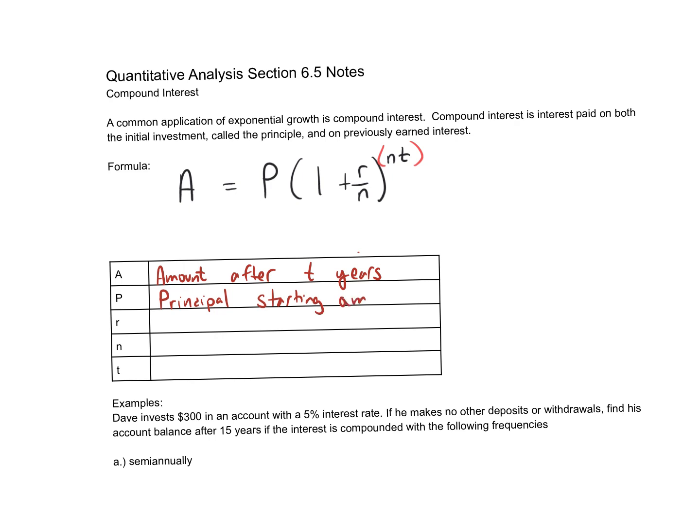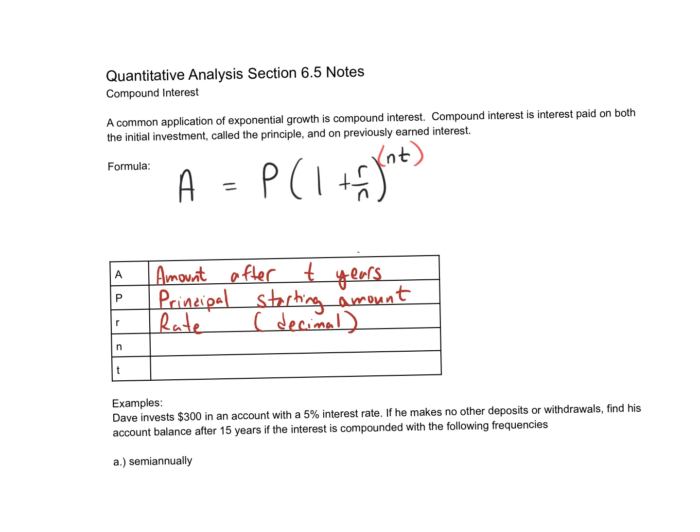How much do you start with when you start your investment? R is, of course, our rate. For a rate, we generally want to put this in as a decimal. So if it's 10%, you want to go with 0.10. If it's 8%, 0.08, things like that.